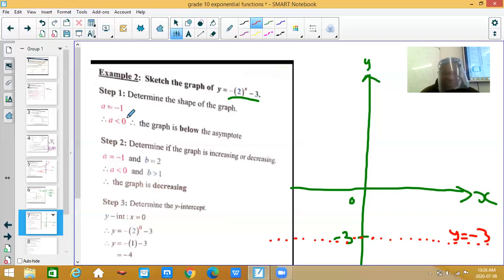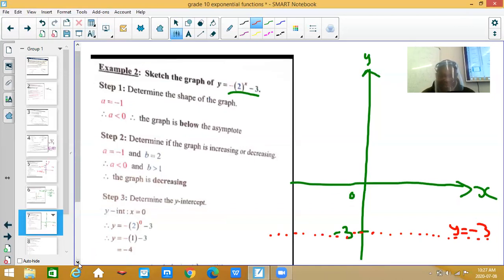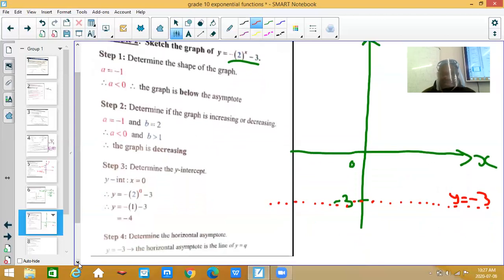Right. Now you determine what is the value of a? -1. Since it is -1, what does that mean? Is the graph above or below the line of asymptote? It is below, right?